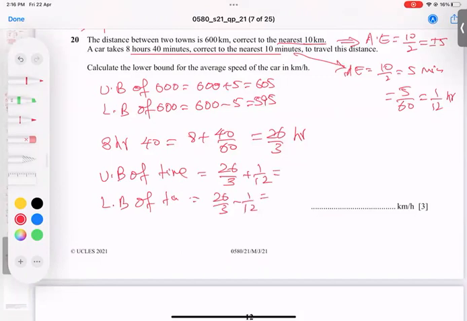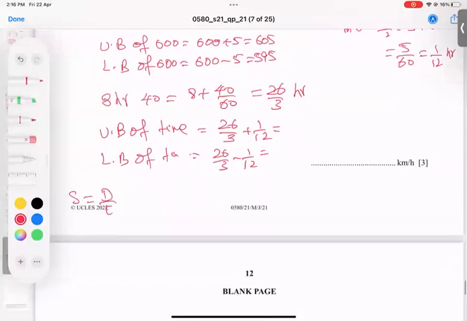What is our topic? Lower bound of average speed. What is the basic criterion we have? Speed is equal to distance by time. And let me tell you, while dividing, whenever we need the upper bound, it is upper bound by lower bound. And when we need the lower bound, it is lower bound by upper bound.